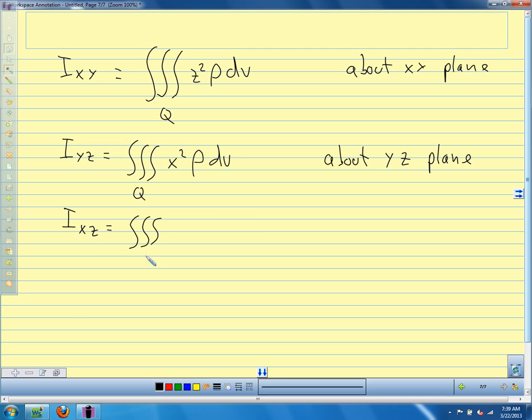And I sub xz is going to be the triple integral of y squared rho dv.